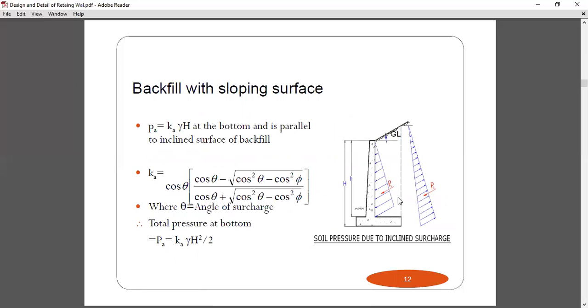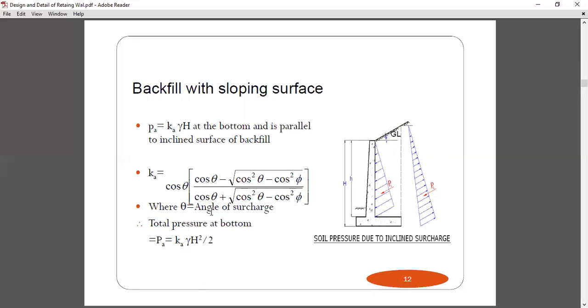Another combination is backfill with a sloping surface. Sometimes the filling is more above the retaining wall. In that case, we have to design this type of retaining wall and use this equation in which Ka is taken as cos theta minus under root of cos square theta minus cos square phi, divided by cos theta plus under root of cos square theta minus cos square phi.